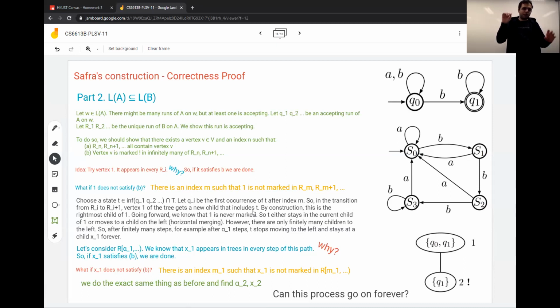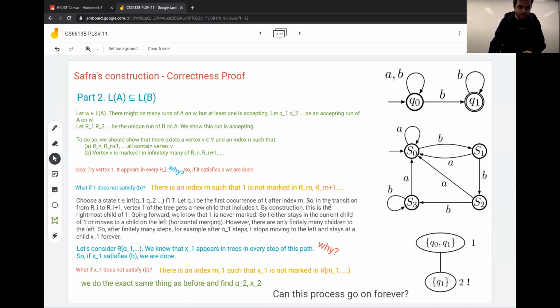But if it gets removed, then we know that it exists somewhere to the left in one of the siblings to the left. And this can happen many times. It can basically move left, left, left. But it can't happen infinitely many times because the vertex 1 has finitely many children. So T can only move left finitely many times.